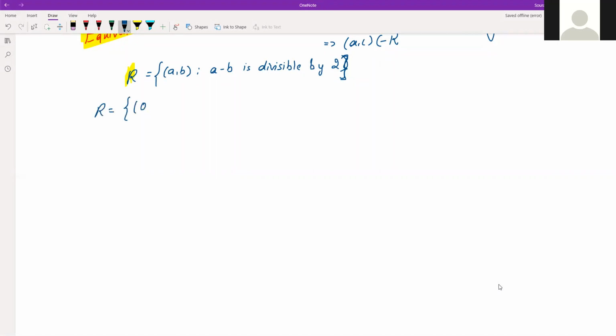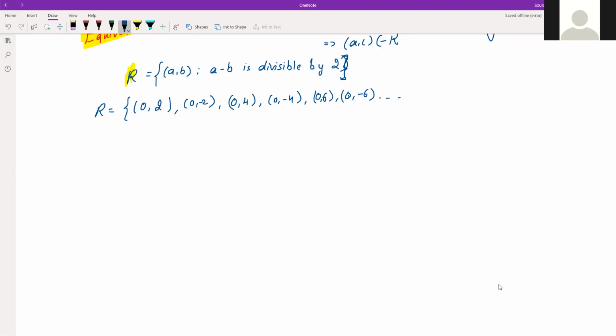Say for example, if a is 0, then (0, 2) as well as (0, minus 2) belong to this. Same way 0 and 4 are also related, and 0 and minus 4 are also related. 0 and 6 related, 0 and minus 6 also related, and so on.